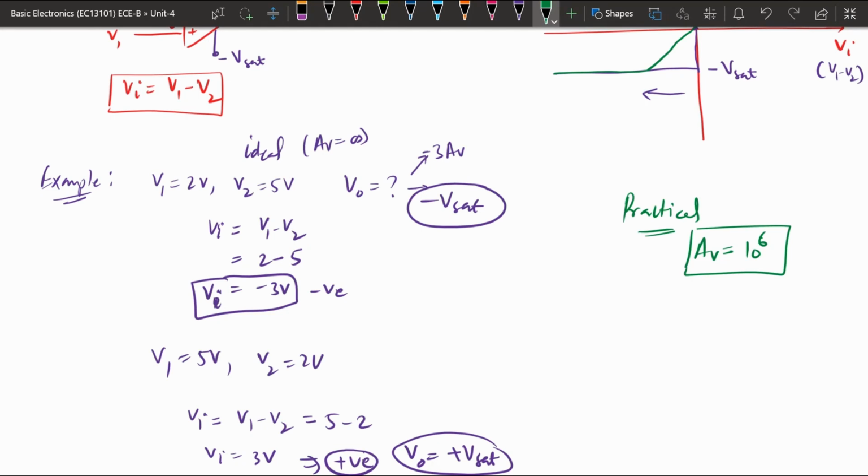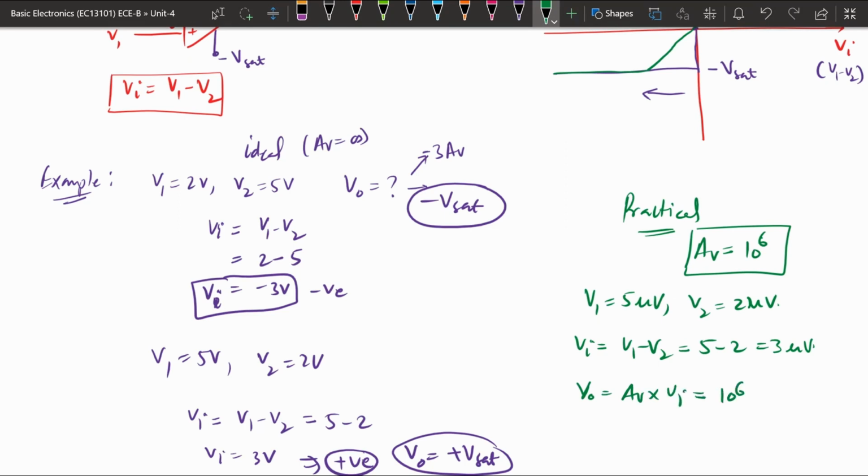So if this is the case, we need to consider that V1 is, suppose, 5 microvolt, and V2 is equal to 2 microvolt. If this is the case, then V input will be equal to V1 minus V2, which is 5 minus 2 equals 3 microvolt. If this is the V input, then V output will be equal to gain multiplied by V input.